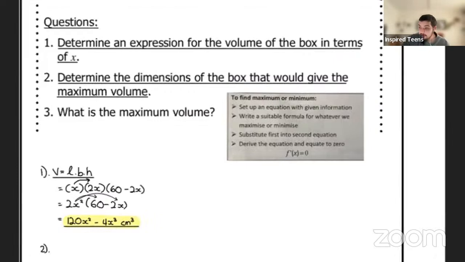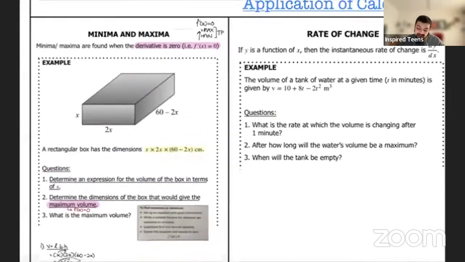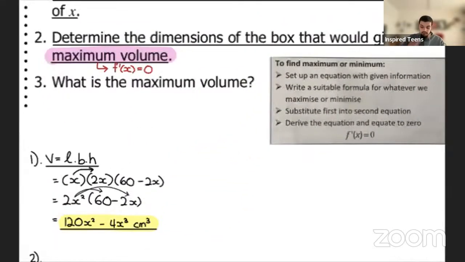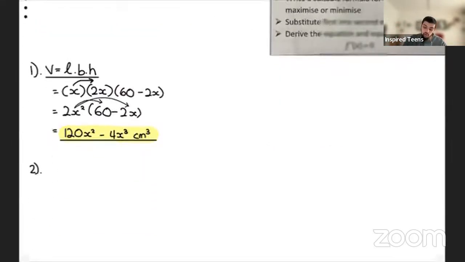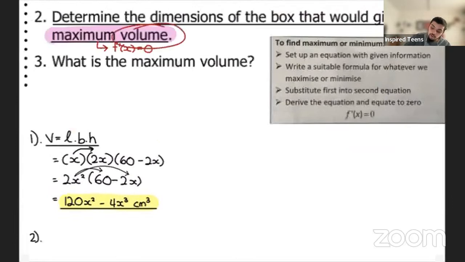Always remember, whenever we talk about maximum of anything, just the mention of the word maximum, always derive it and equate it to 0. Whatever your expression is, derive it, equate it to 0. So we want maximum volume, so we need to take the expression for volume, derive it, equate it to 0.